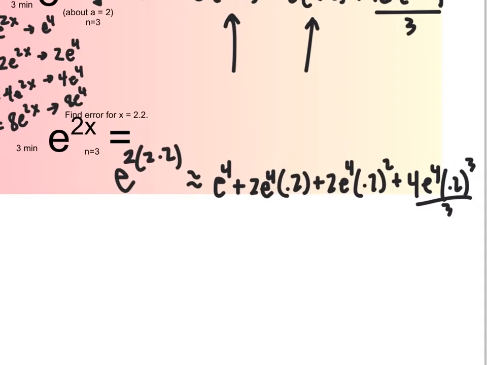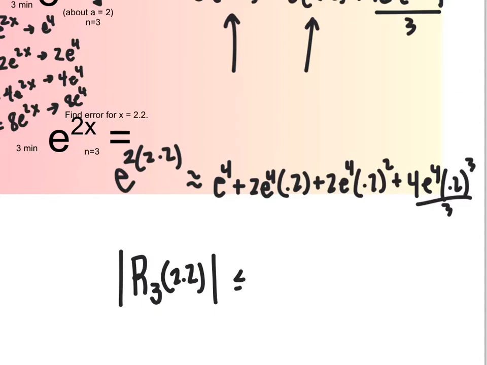So that's going to shoot you out a number, right? So let's talk about error. Well, the error of this third degree approximation of 2.2 will be less than or equal to the fifth derivative.